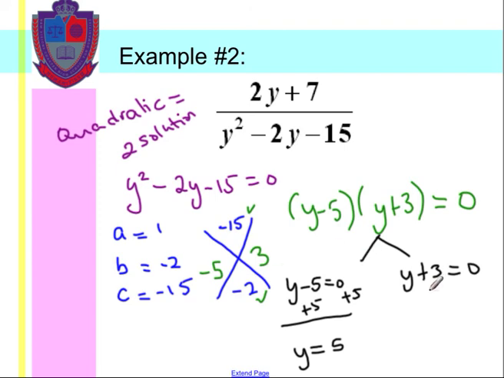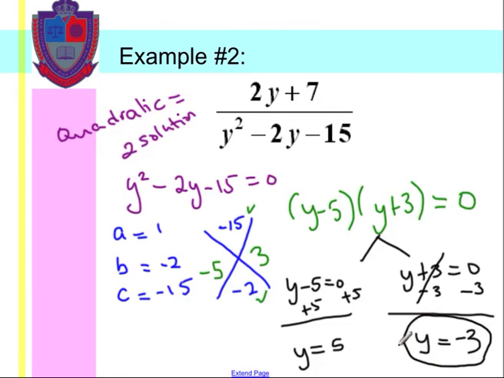If I subtract 3 on both sides, y equals -3. So notice I have two answers. If I plug in y equals 5 or y equals -3, we will make this denominator 0.